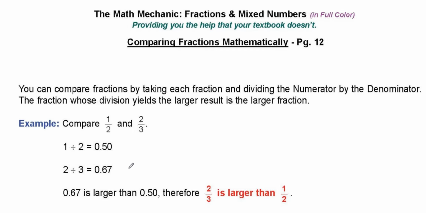So now we will compare the results. 0.67 is larger than 0.50.